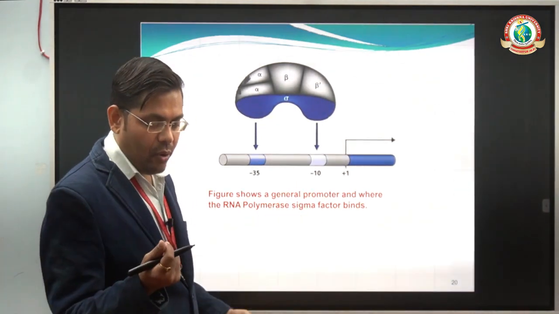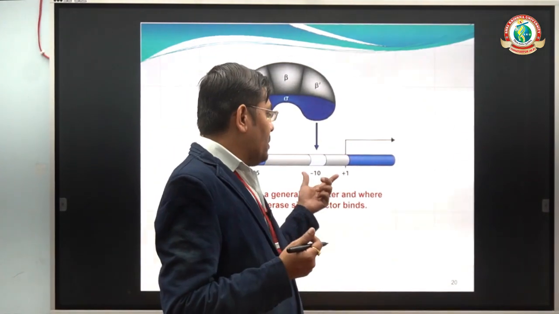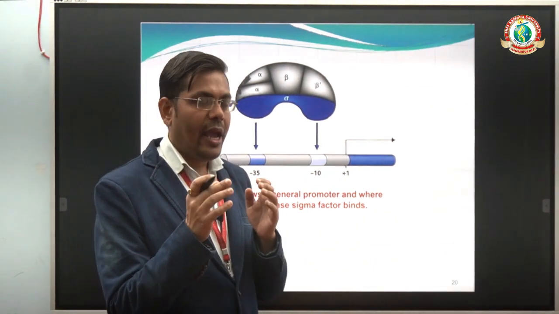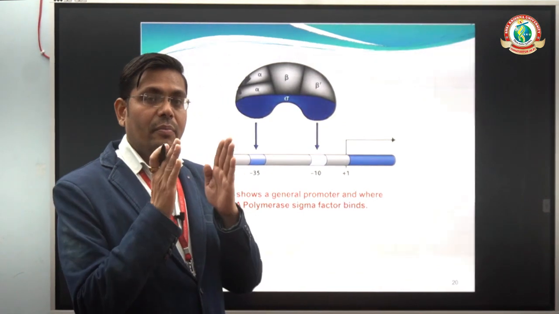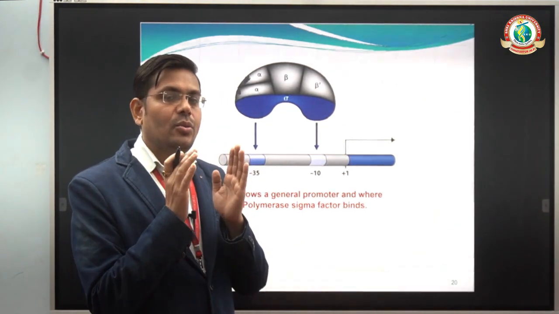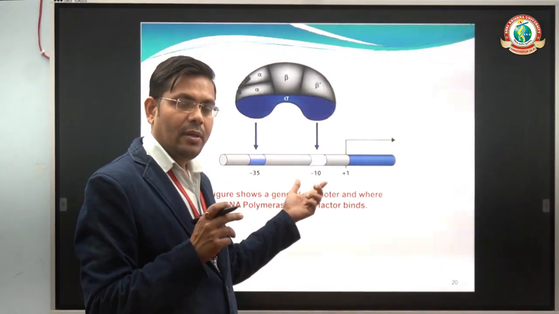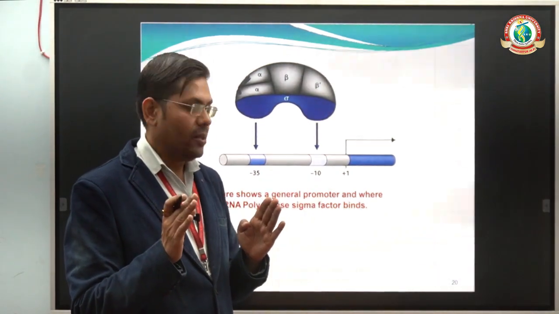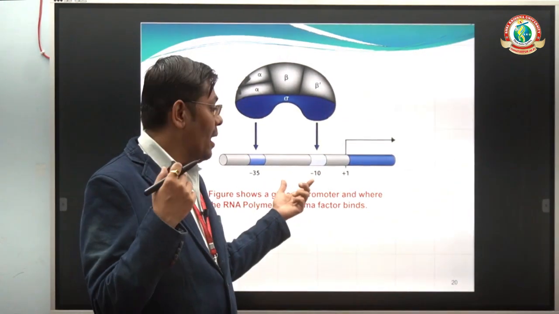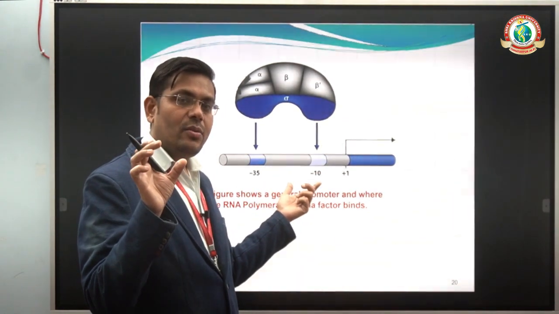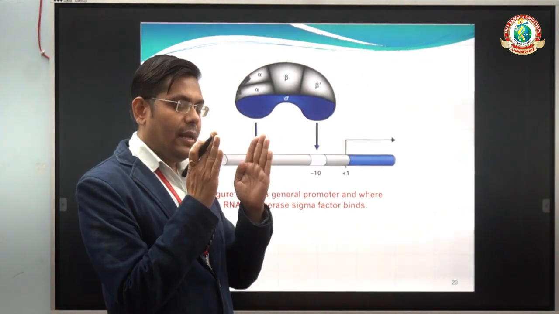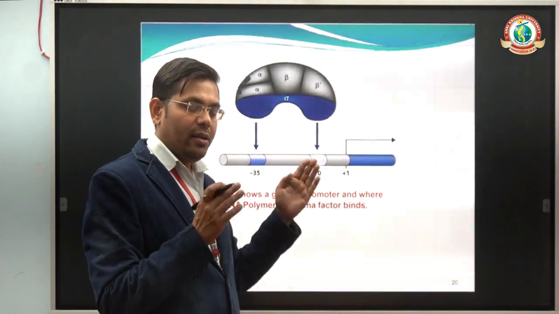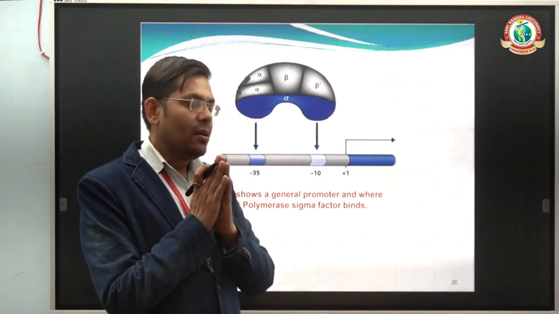That is also a very important question, because that box is rich in thymine and adenine, and we already know that between thymine and adenine there are 2 hydrogen bonds, while in the case of guanine and cytosine there are 3 hydrogen bonds. So in guanine and cytosine the pairing is strong, while in adenine and thymine there are 2 hydrogen bonds and the pairing is weak.